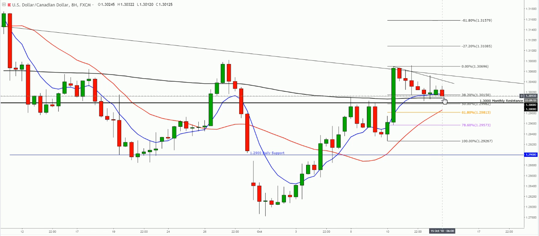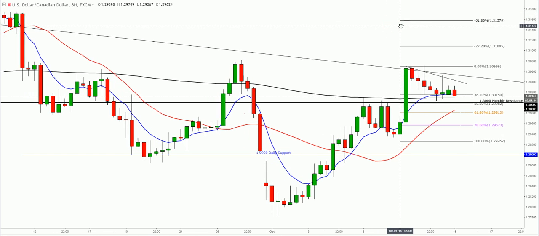and it could potentially be just a quick spike to that level before pulling back and heading towards our target at 1.3108, before 1.3150 as mentioned on the daily time frame, I believe.